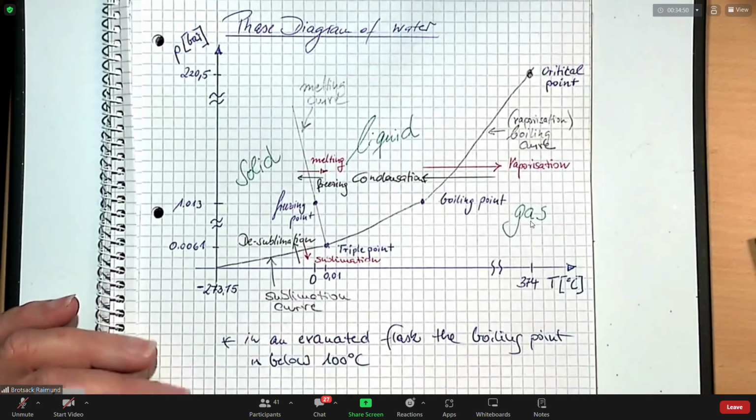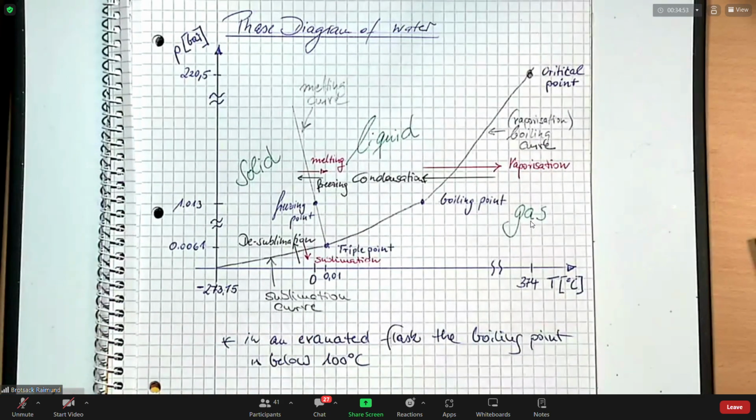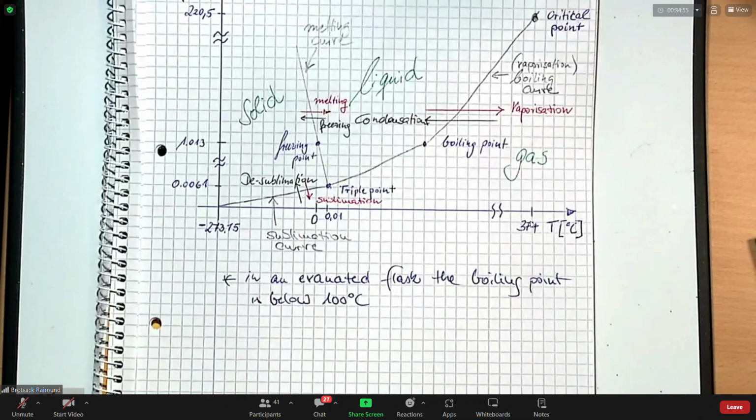I'm always talking about water. The behavior, of course, is similar for other liquids. The values are different, but the behavior, qualitatively, is similar, not depending on the type of the liquid.